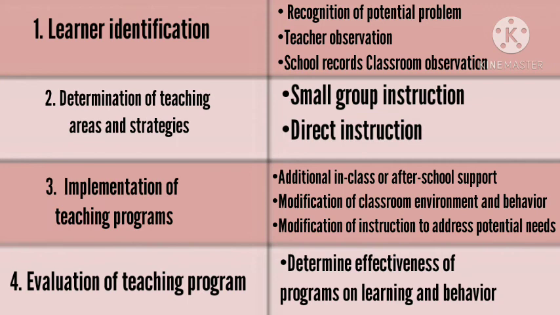And then modification of classroom environment, you can also fix your classroom, because sometimes the way the child learns depends on his environment, if it is conducive or not. And then modification of instruction to address potential needs. So you're also going to adjust the instruction that you're going to give to the class.